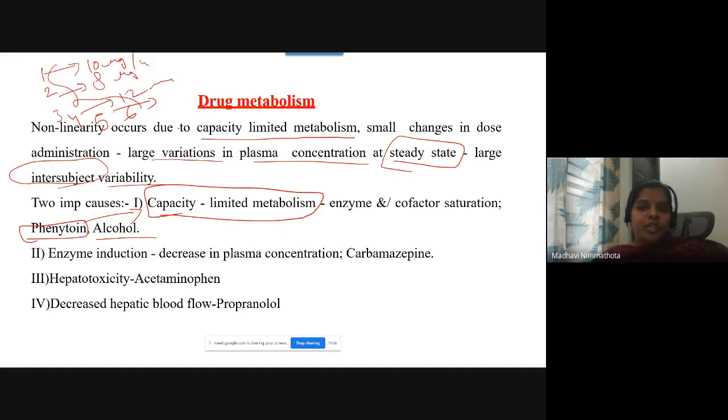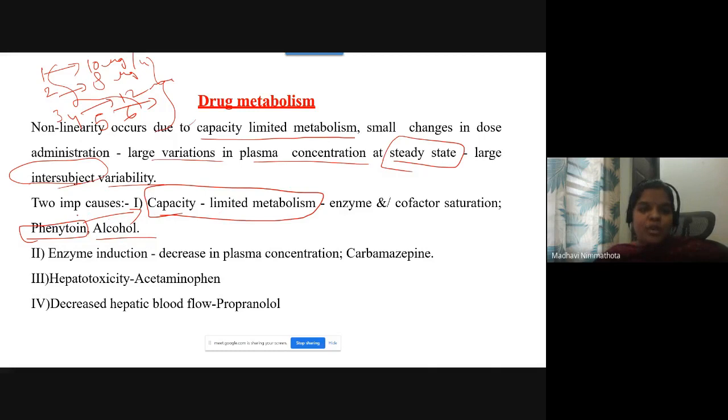So there is a large inter-subject variability observed because of the capacity limited metabolism of phenytoin. This is called inter-subject variability. Subject to subject, we find some concentration variability.